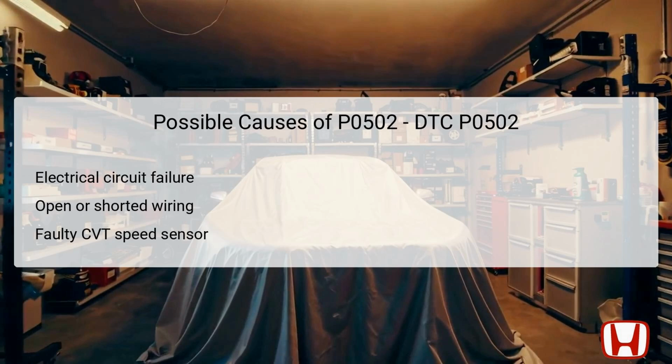Additionally, a faulty CVT speed sensor can directly lead to this DTC, although this is often less common. Each of these possibilities requires thorough investigation, focusing primarily on electrical checks due to the specific nature of this DTC.